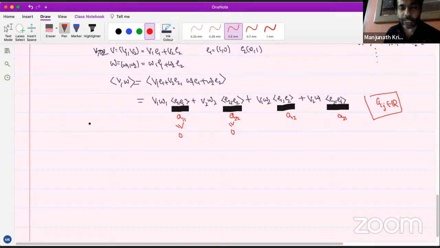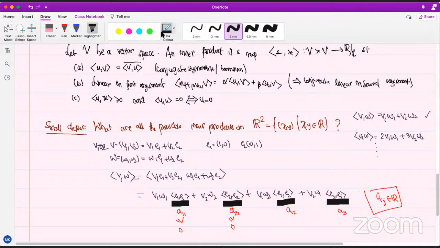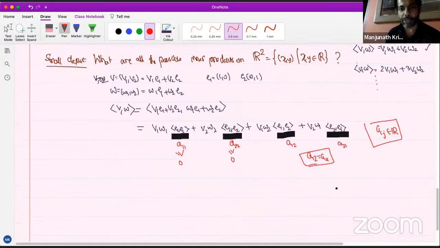One more condition comes from here: the inner product of E1, E2 should equal the inner product of E2, E1, because we are dealing with R. That equals A21. So A12 should be equal to A21, because E1 inner product E2 should be E2 inner product E1.